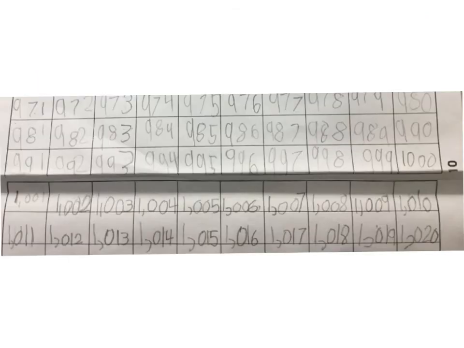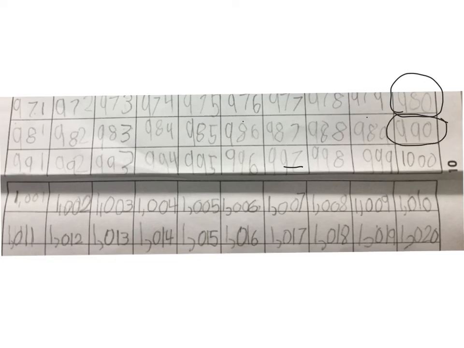Okay, boys and girls, now this will be our last example of the number grid. And you can see that this is in the 900s. So we're at 971, 972, 973, 974, 975, 976, 977, 978, 979, 980. When we go down, we count by tens. 980, 990.